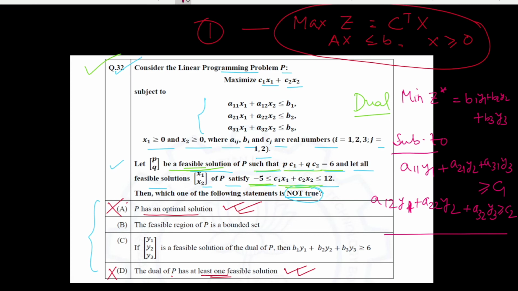This is the dual of this problem, and the optimal function is b1 y1 plus this.